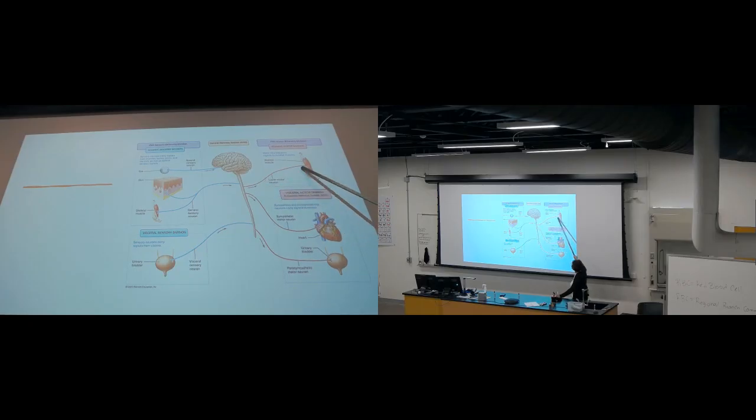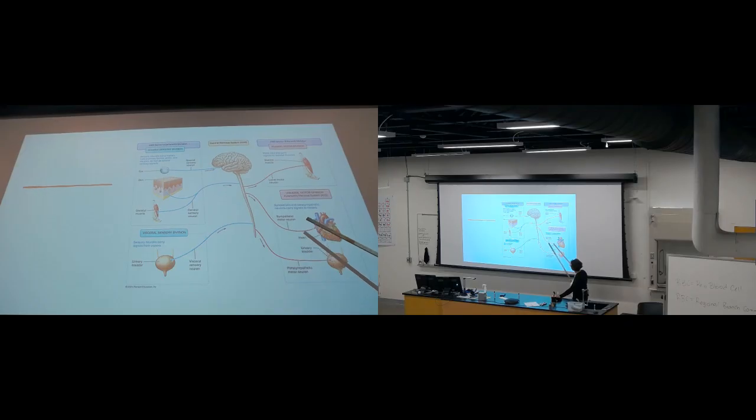Now, for the motor or efferent branch of the PNS, we have the somatic motor division, which controls the contraction of skeletal muscles voluntarily through these lower motor neurons. And the information is efferent or exiting. So it goes from the spinal cord to this muscle, in this case the biceps brachii.